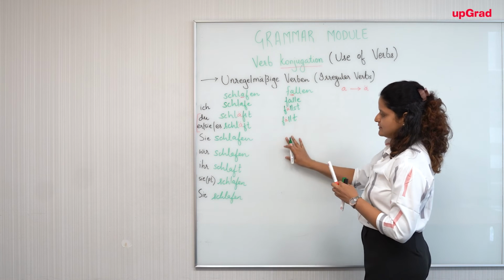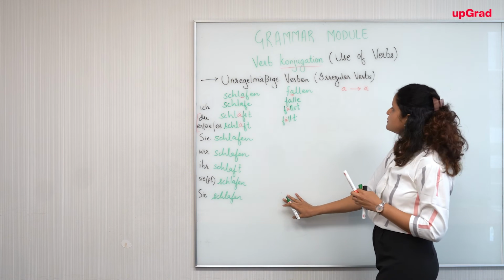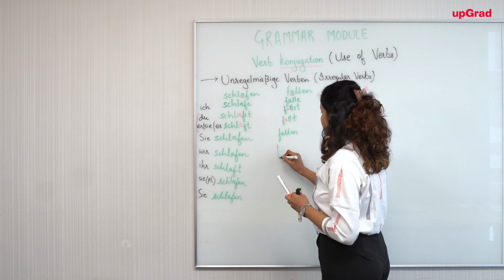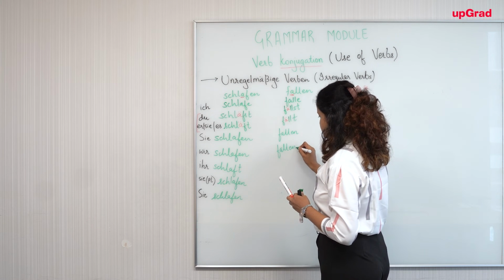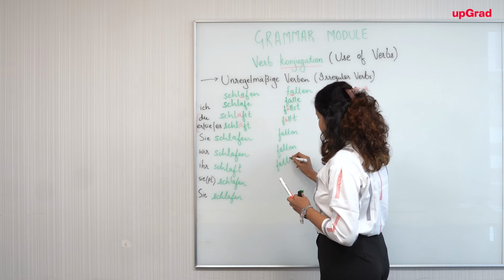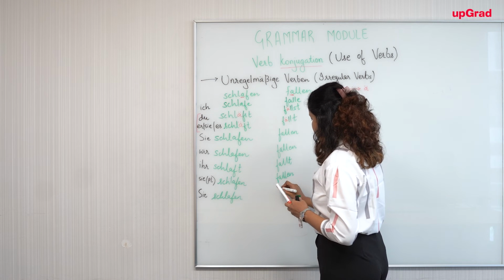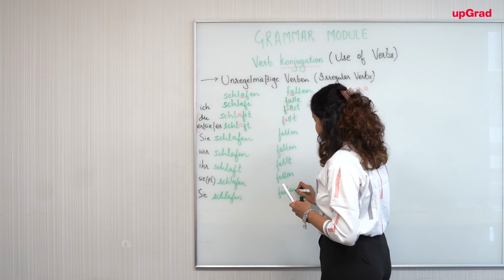Okay, and then the remaining conjugation, there won't be any change. So this will be sie fallen, wir fallen, ihr fallt, sie fallen.